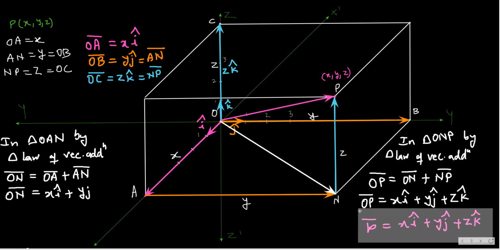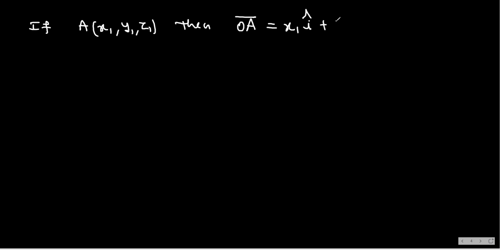What is it? That if you know the coordinates of a point in 3D space, if A is (x1, y1, z1), then OA bar, that is the position vector of point A with respect to O, is equal to x1 i cap plus y1 j cap plus z1 k cap. Just now we did it.